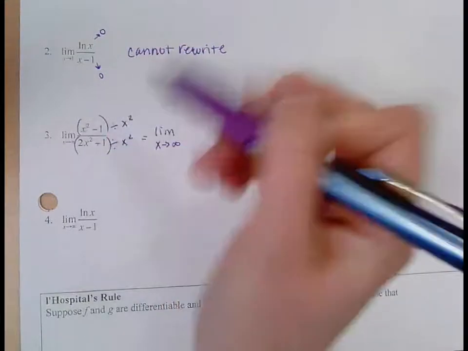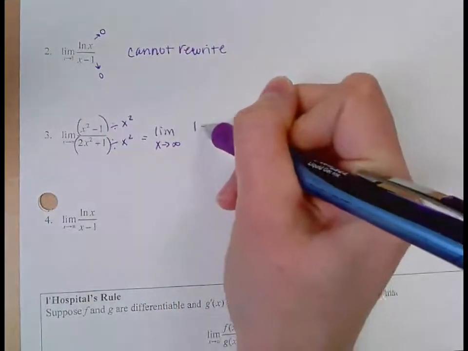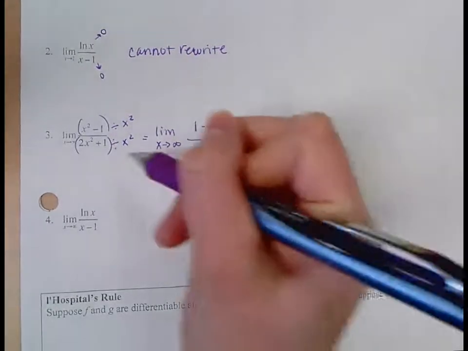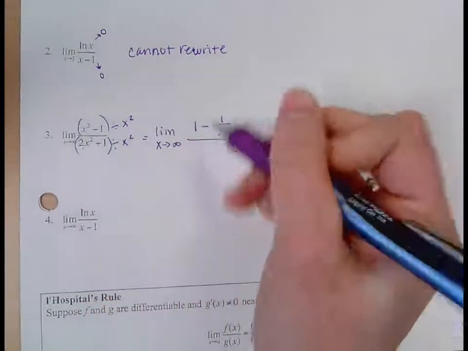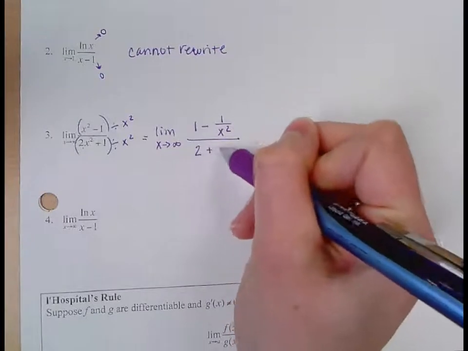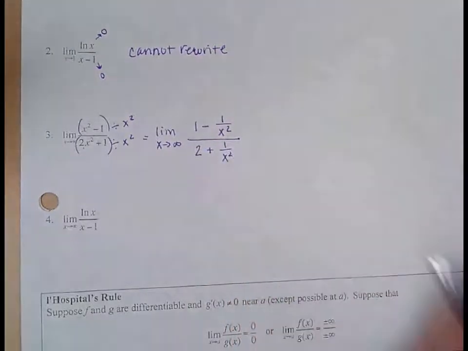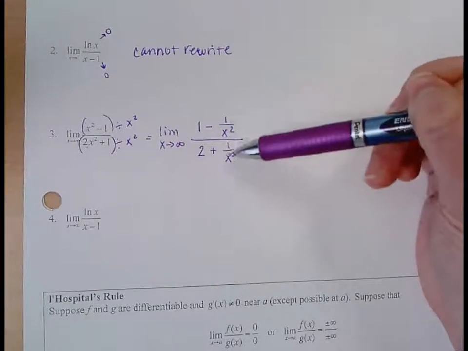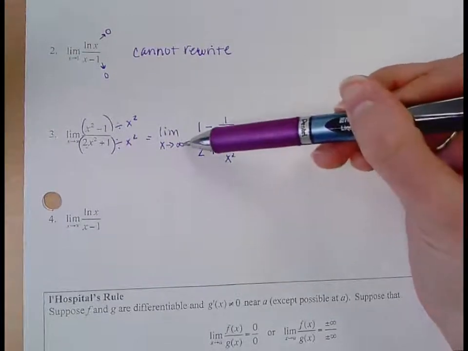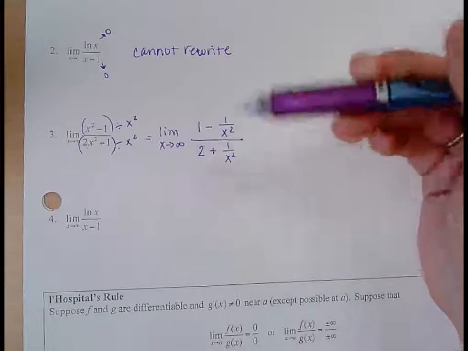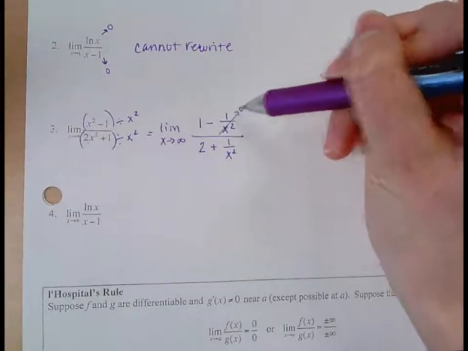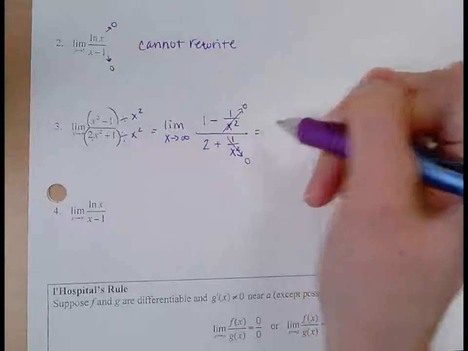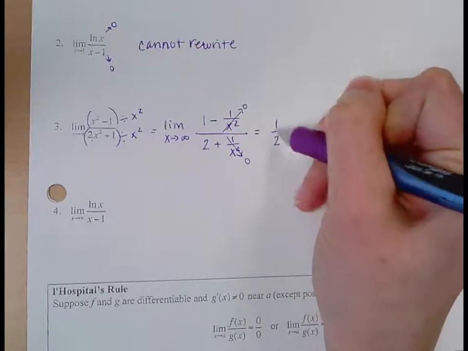So I'd have x squared over x squared, which is 1, minus 1 over x squared. And then 2x squared over x squared is just 2, plus 1 over x squared. And anything that is still over an x, as x approaches something very, very large, these terms will approach something very, very small. They will approach 0. So then your limit is just 1/2.